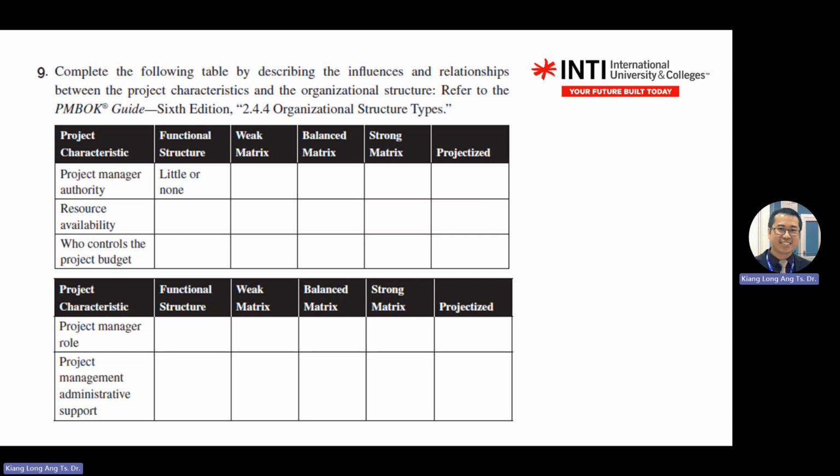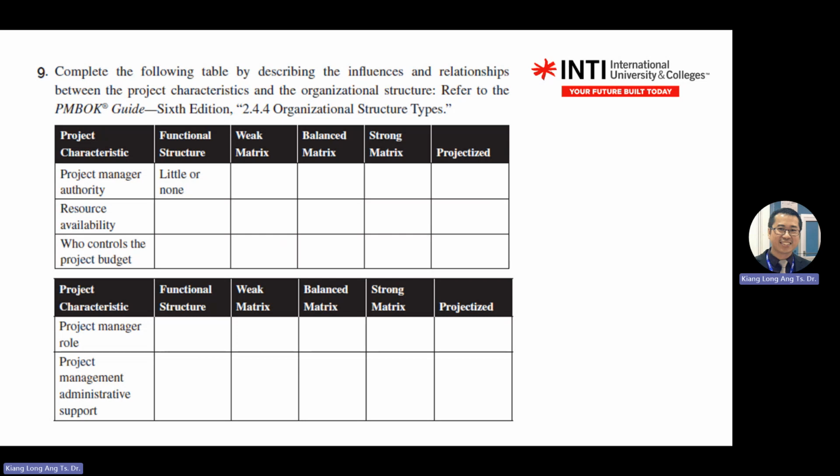What is the project management office? What is their level of support? So we look at the first one. You play around with all these words, level of commitment or level of support. So just now, you know that in the cultural structure, the PM has little to none.